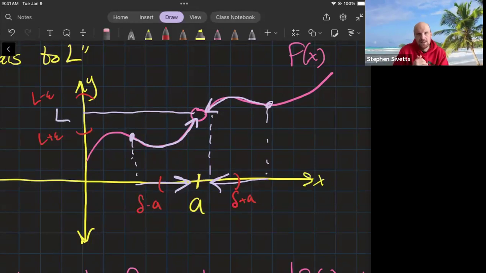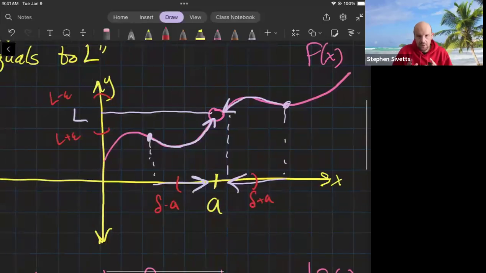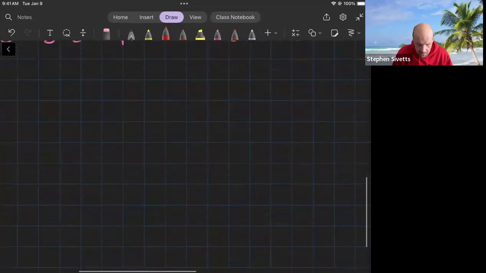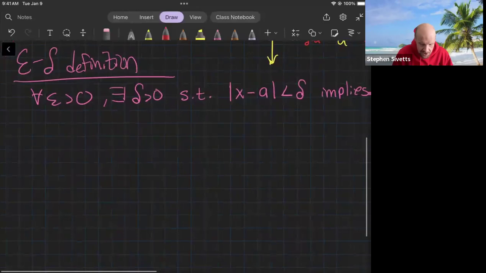And we can readjust the length of our interval by taking an epsilon value that is infinitesimally small, and we'll figure out what delta is required to be in that epsilon window of L, right? So hopefully the graphical definition of that makes sense.